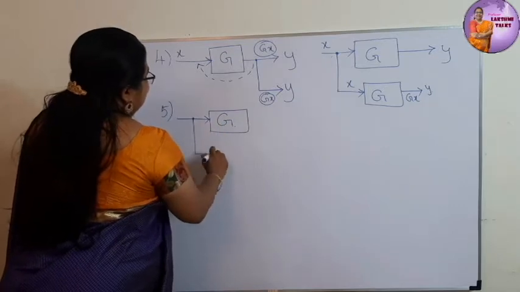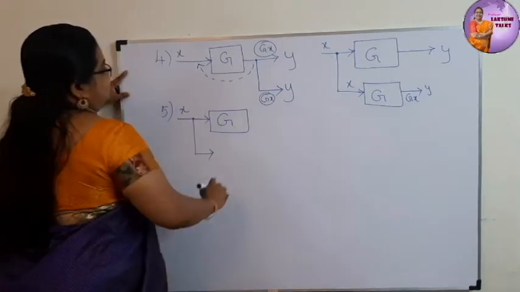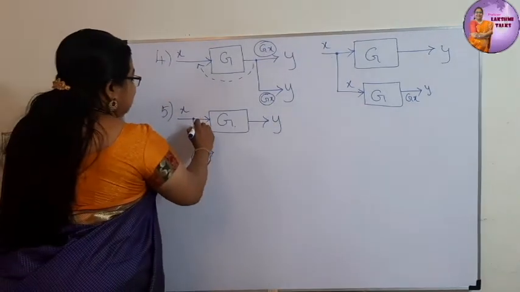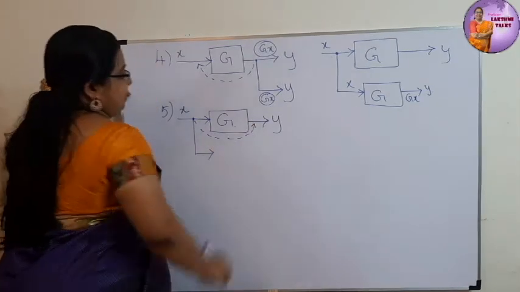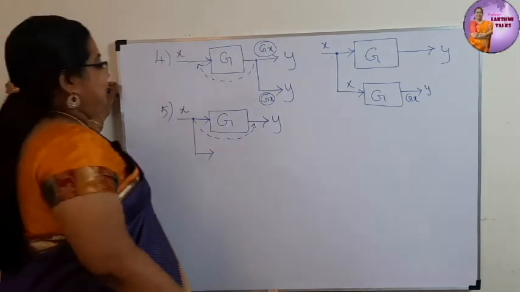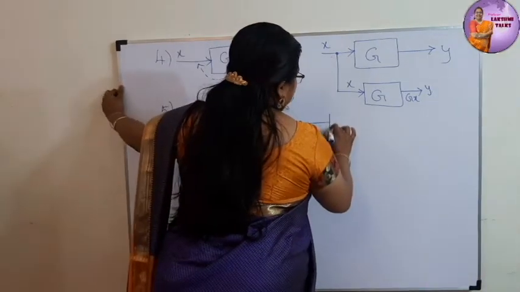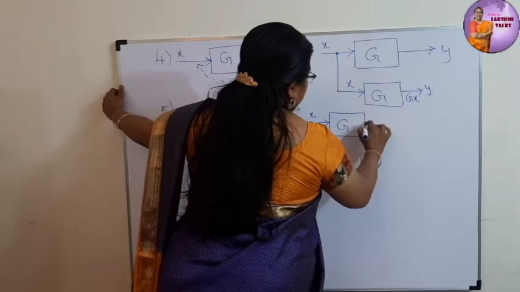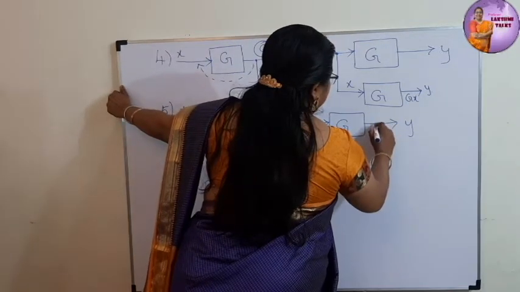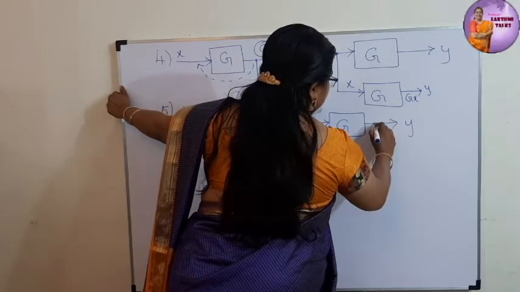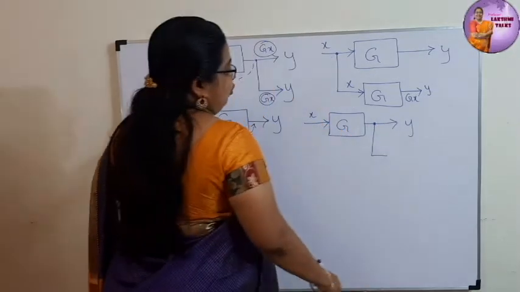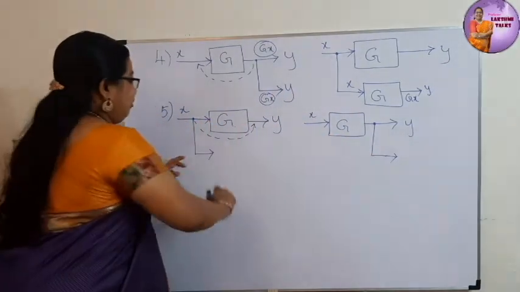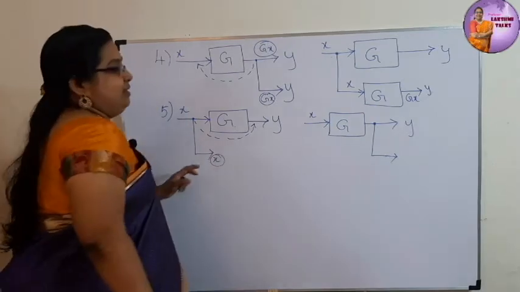Next, suppose you have the takeoff path here, and you want to move this takeoff path to the other side. Now what will happen? We have moved it. Initially what was there in the takeoff path? We had just x, right?